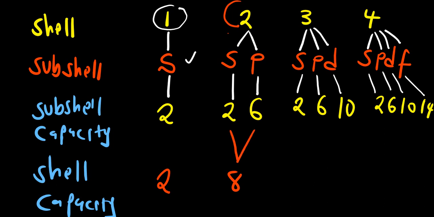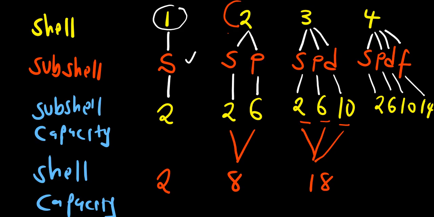Okay, then in the third one, what are we going to have? We've got 2, we've got 6, and we've got 10. So 2 plus 6, that is 8. 8 plus 10, that is 18. So the maximum that your third shell can have is 18. Okay, now let's talk about the last one, the fourth shell.